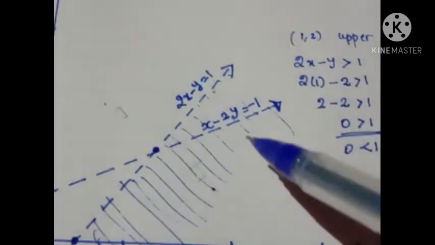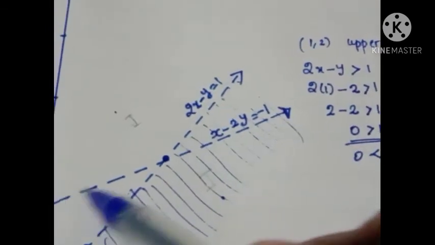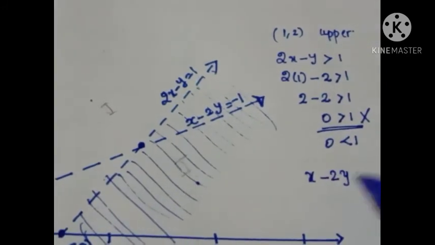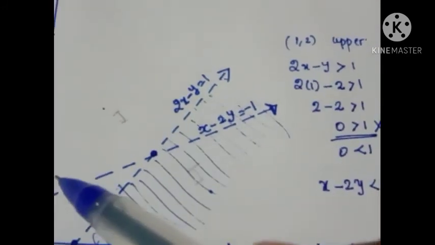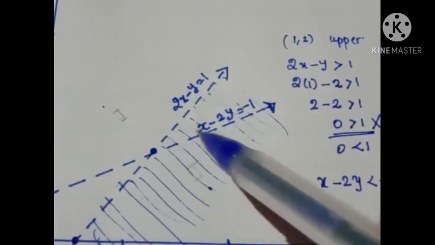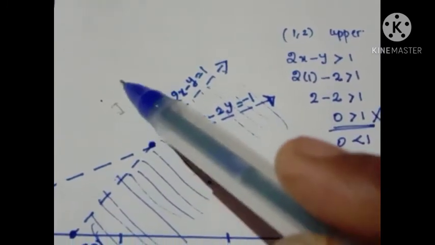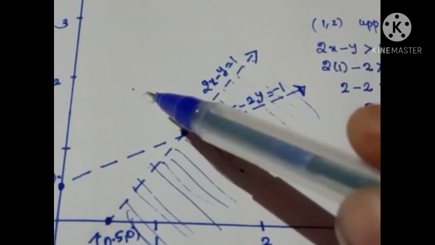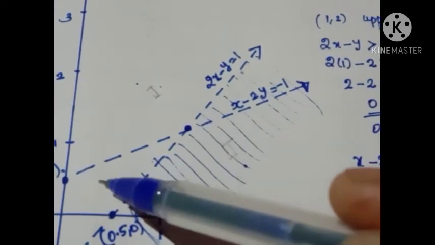Now look at this line, x minus 2y is less than negative 1. Similarly, this line divides the xy plane into two half planes, upper half plane and lower half plane. So select a point, suppose from the lower half plane.